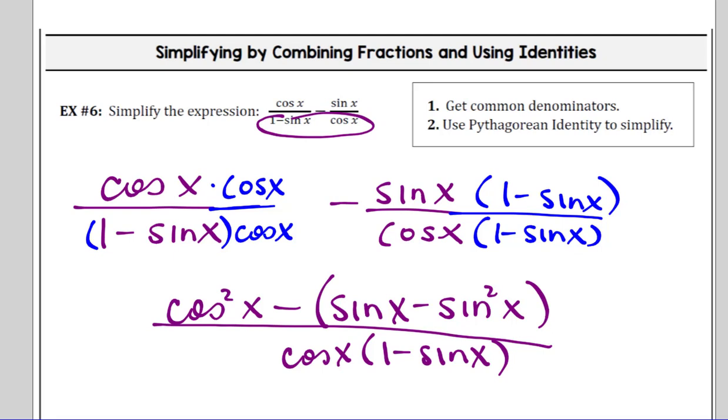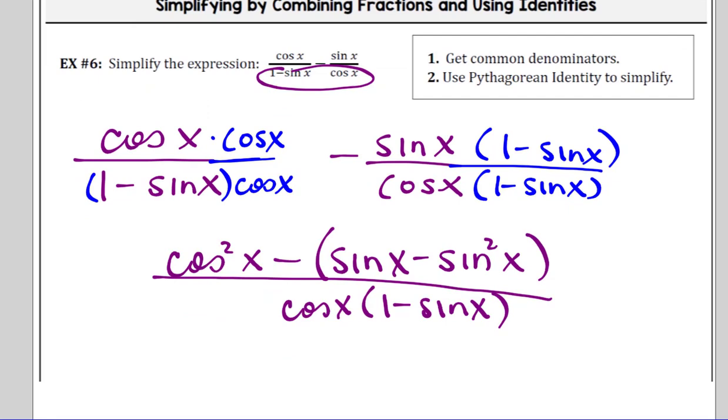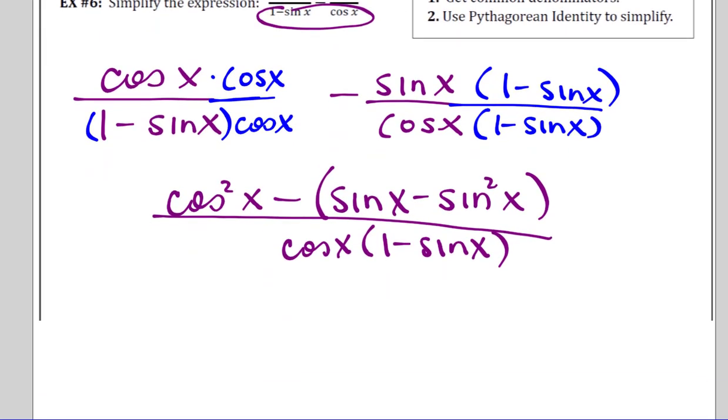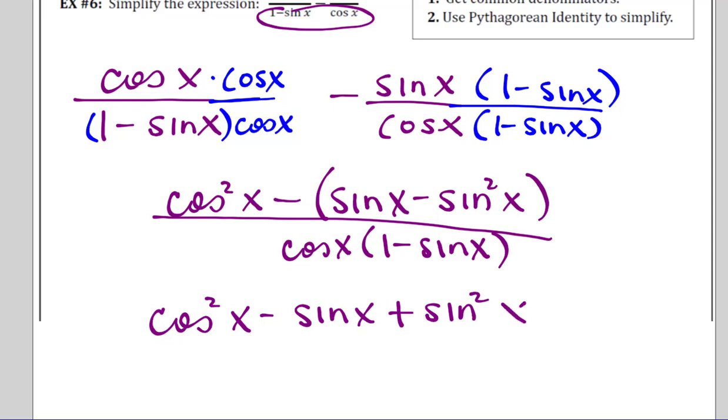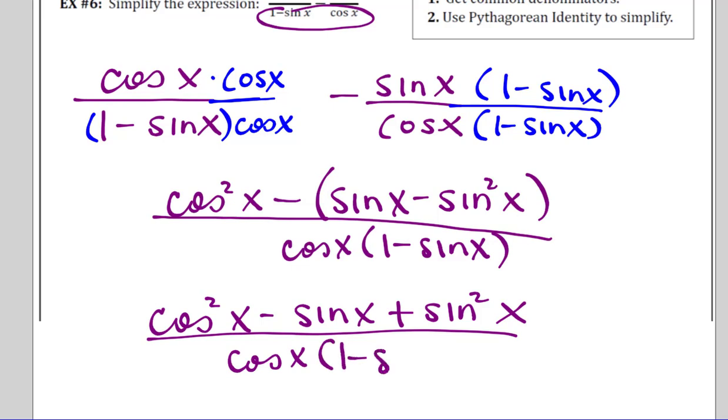Okay? That's my common denominator. If I distribute that minus sign, we get cosine squared x minus sine x plus sine squared x over cosine x times 1 minus sine x.